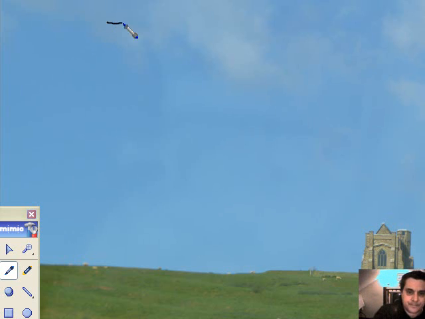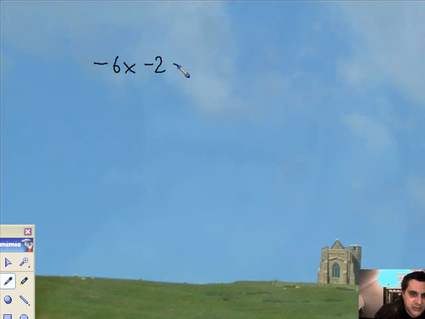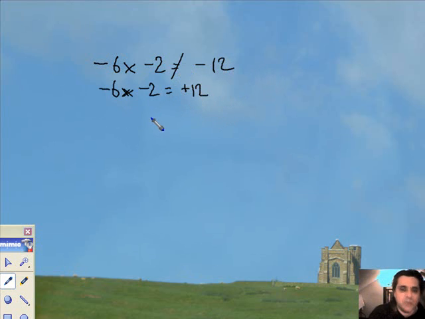It says minus 6, multiply that by minus 2. Is it minus 12? Well, minus 6 times minus 2 should be plus 12, so it's not correct, and it should be, oh dear, it should be ordinary plus 12, or just a 12 on its own. That means not equal to, by the way.